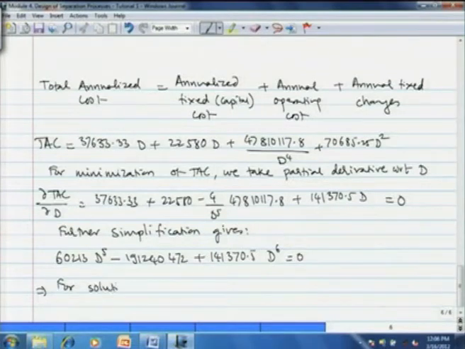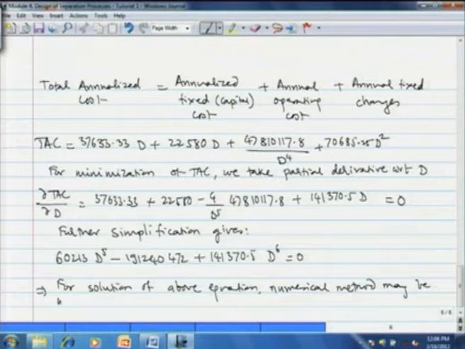For solution of the above equation, a numerical method may be used. For example, the simplest method is the Newton-Raphson method.